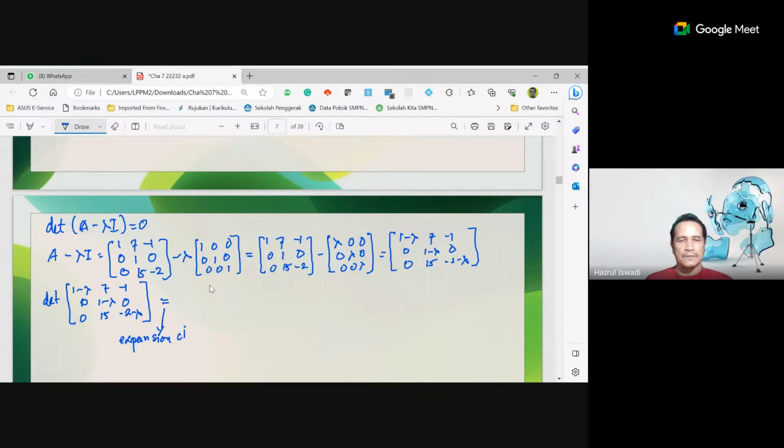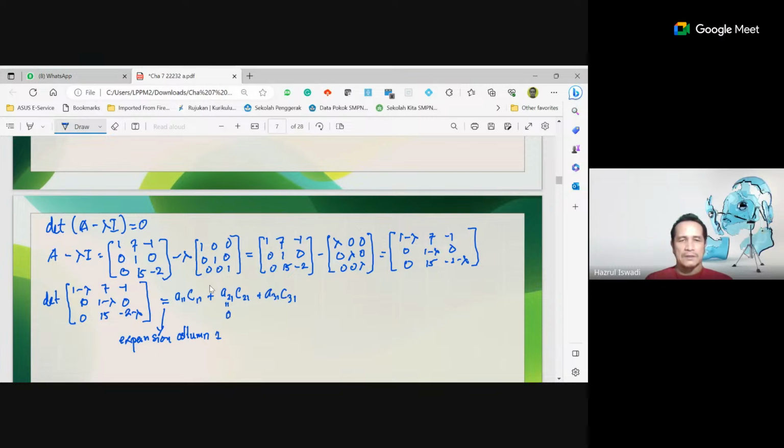The determinant is, I hope you still remember the formula, expansion along column one means A11 multiplied by C11, plus the other elements, A21 C21, and the third, A31 C31.